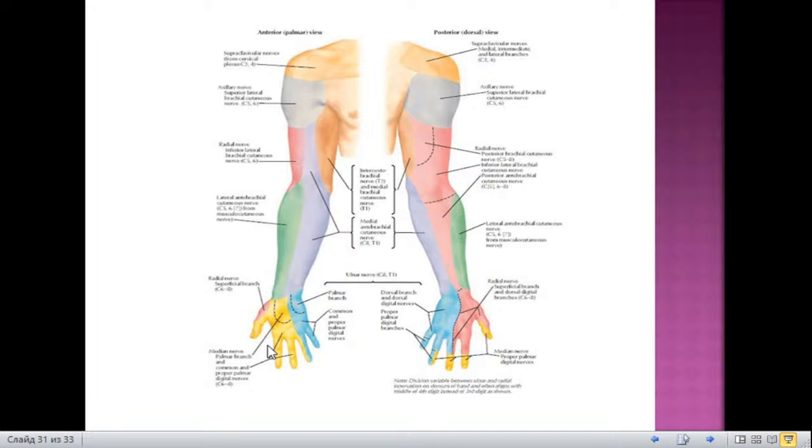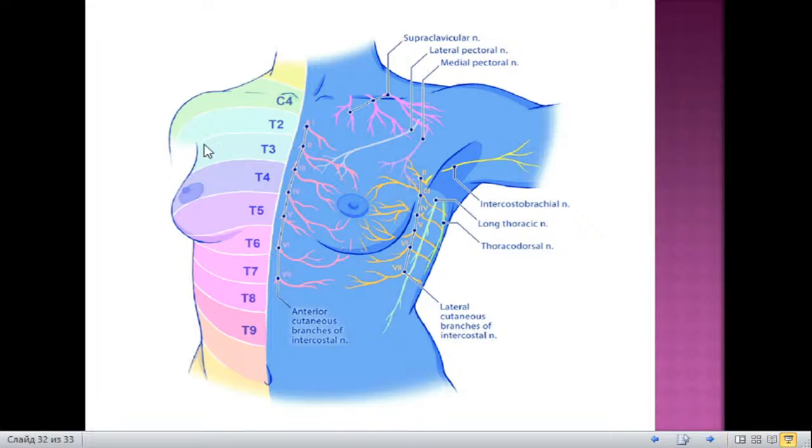Just several minutes before the end of the lecture, so I will not talk about nerve supply of muscles of the upper limb. We'll just say a little about the nerve supply of the skin of the thorax, and we'll finish the lecture at this place.